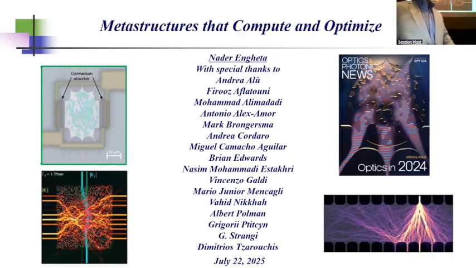As you can see from the title of my talk, I'd like to give a progress report of one of the areas of research activities in my group in which we would like to see how we can use metamaterial and metastructures in order to do analog computation with waves. Two years ago at this conference, which was held in Paris, I gave some of our results at that time, how metamaterial can actually help to do, for example, equation solving and to actually make matrix inversion using electromagnetic waves.